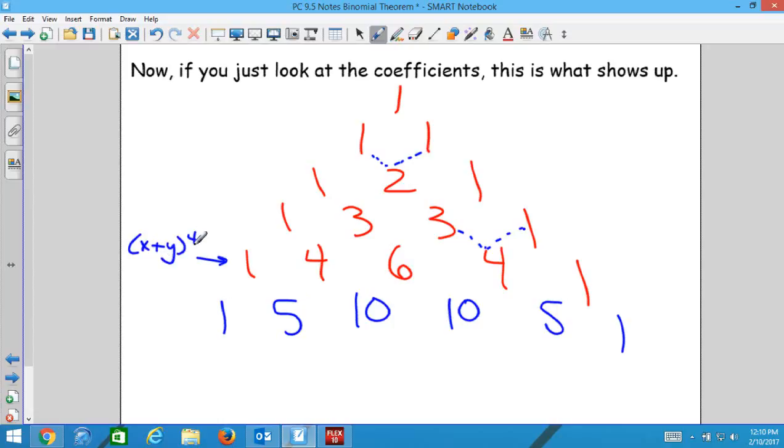This would be to the 5th power. So you can't go by the number of rows, because what's the first row? The 0 row. So these are the coefficients for each term when you multiply a binomial.